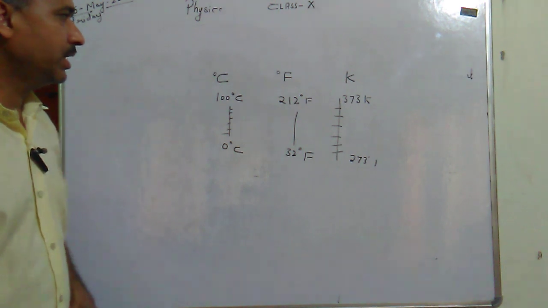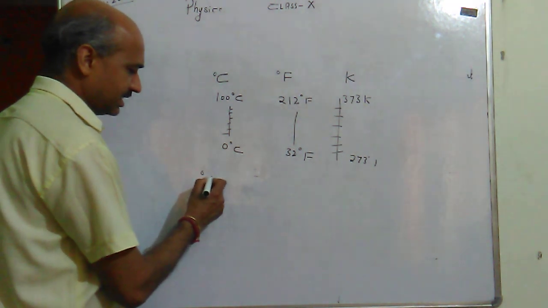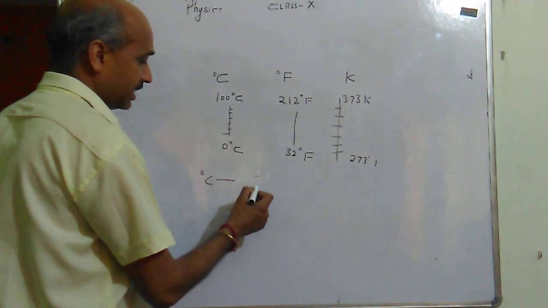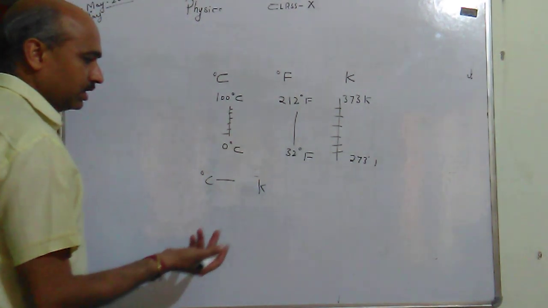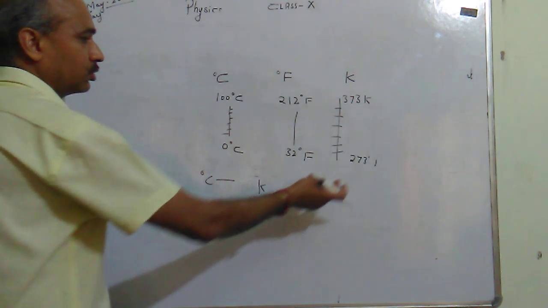If you want to convert degree Celsius into Kelvin, degree Kelvin में convert करना है, then simply we have to add 273.